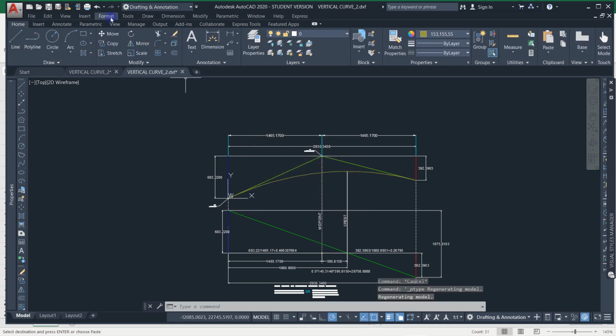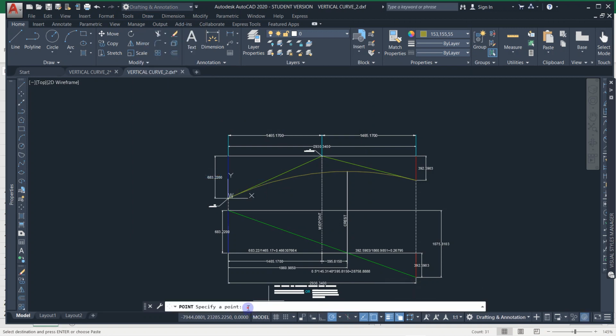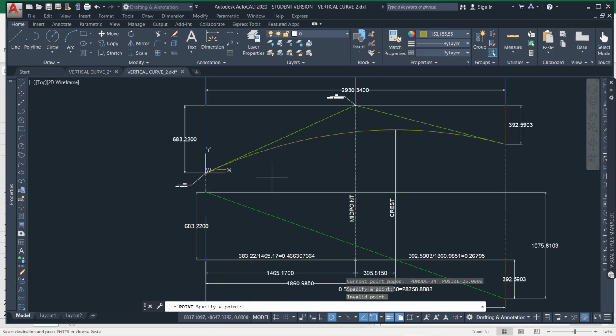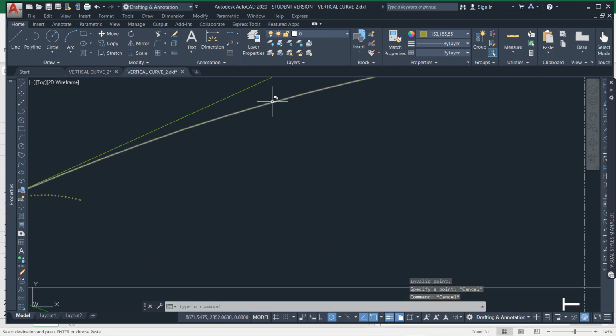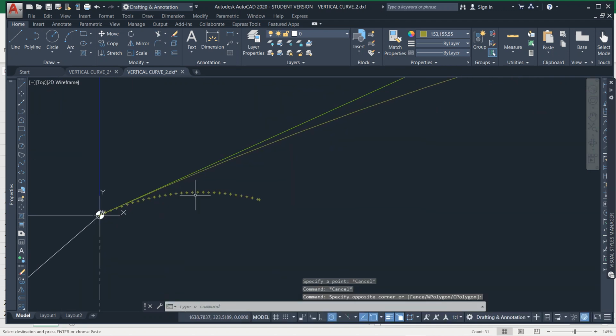And then formulas, tool, draw points, multiple points. Do the same thing there, Control V, enter. Control V, enter, right? The points didn't populate, did they? Oh, there they go again. There. So let's take that, scale it.